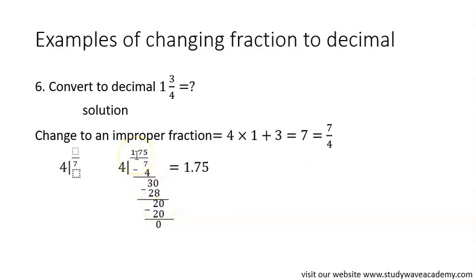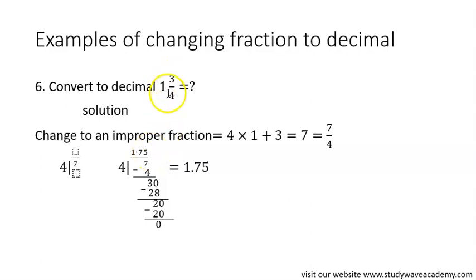Since we have a decimal point here, we can add 0 to our 2. Now you have 20. 4 in 20, it will go 5 times. So you write 5, and 5 times 4 will give you 20. So 20 minus 20 is 0. So our answer is 1.75.